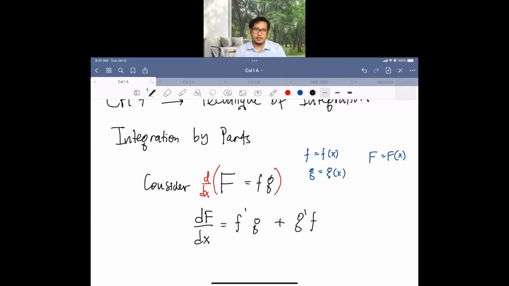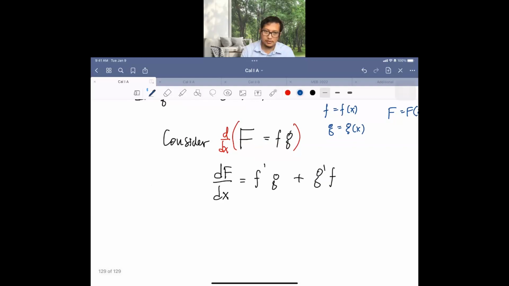Now, if we are going to rewrite this, let's say we change the big F into fg.